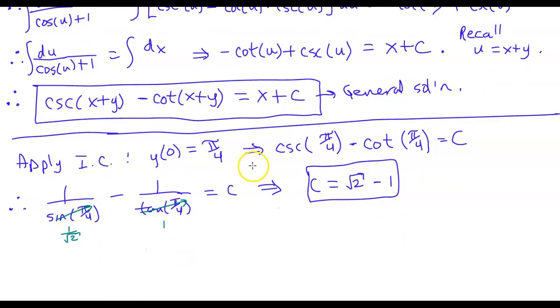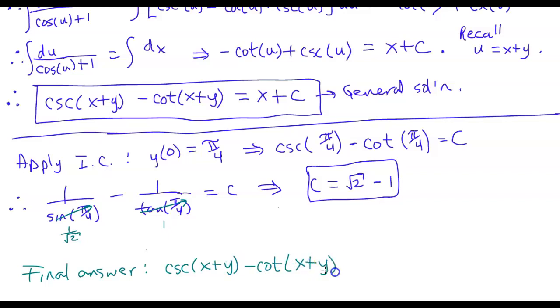And so finally, our final answer will just be all of this, but c is just equal to square root of 2 minus 1. And so I'll go ahead and switch colors and write that in. So we have cosecant of x plus y minus cotangent of x plus y equals x plus square root of 2 minus 1. And that would be our final answer to this initial value problem.